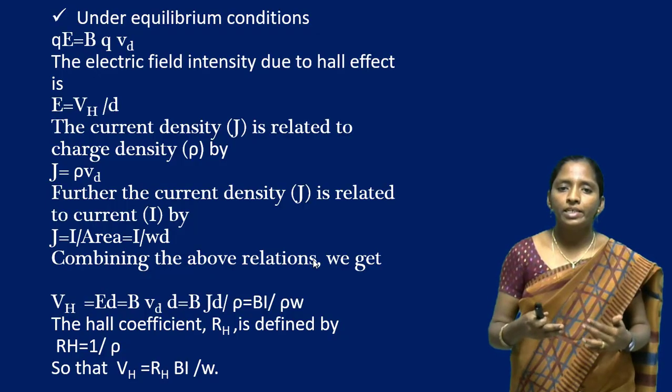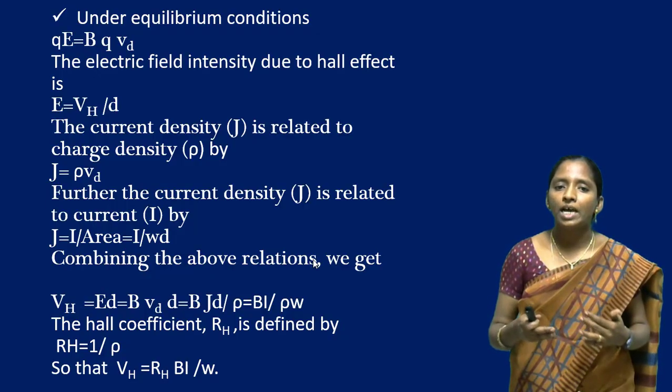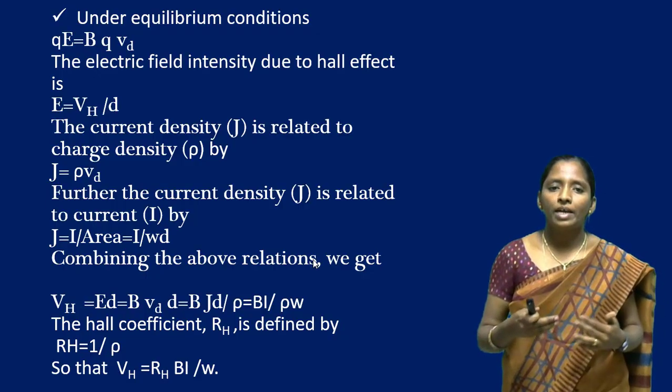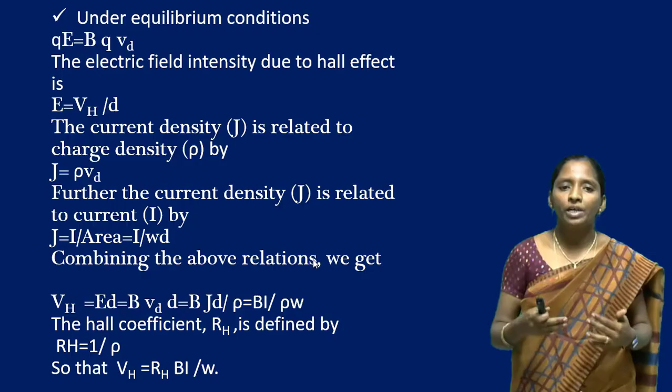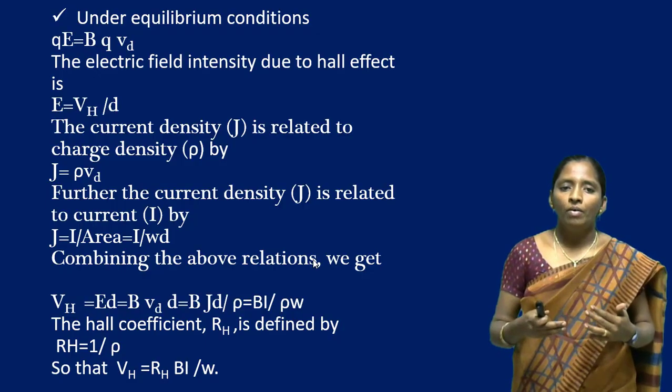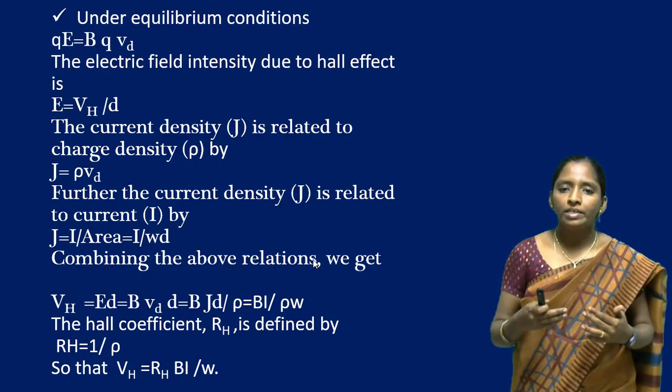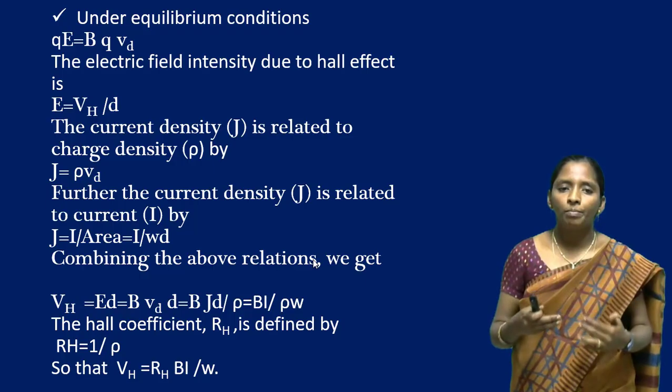The current density J is related to the charge density, so J equal to rho into VD. Further, the current density is related to the current by J equal to I by area.